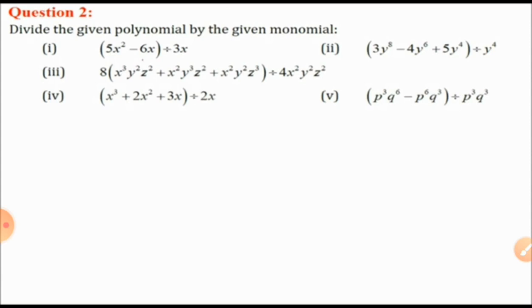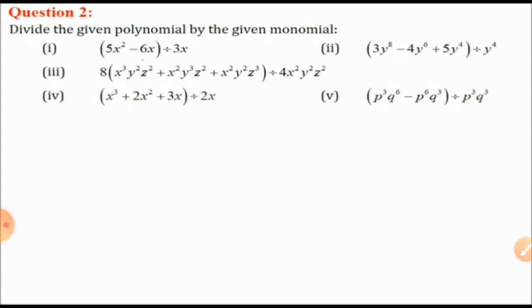Okay. Now look at the first question. 5x² minus 6x is divided by 3x. Here a monomial divides a binomial or a trinomial, whatever is there. So here you should check that this divisor divides both the terms.